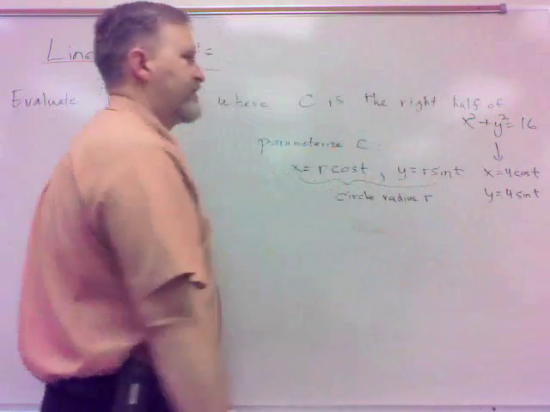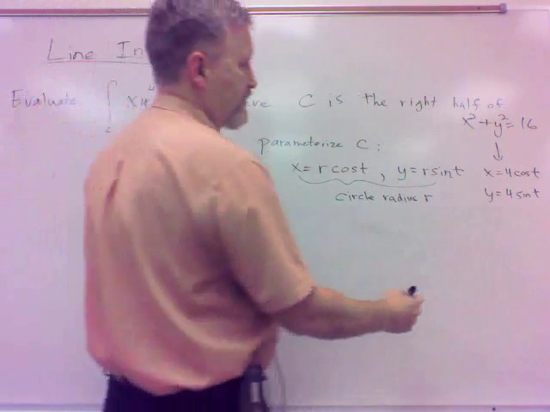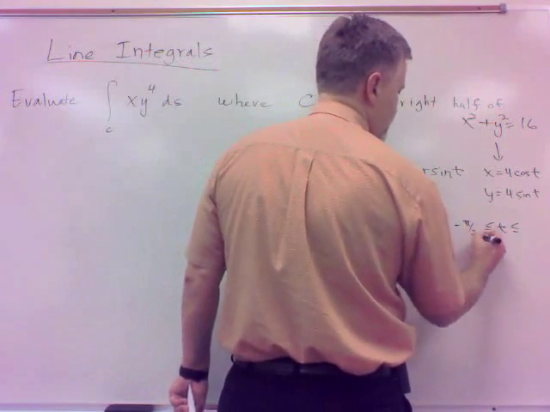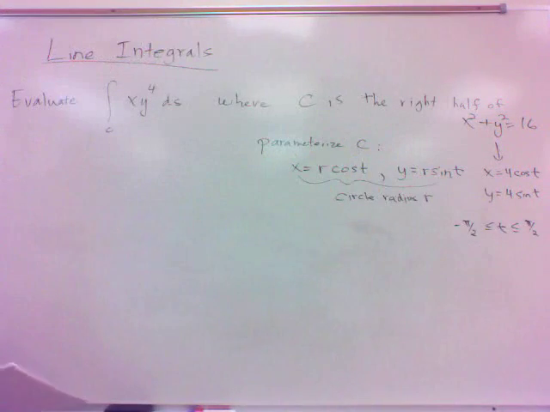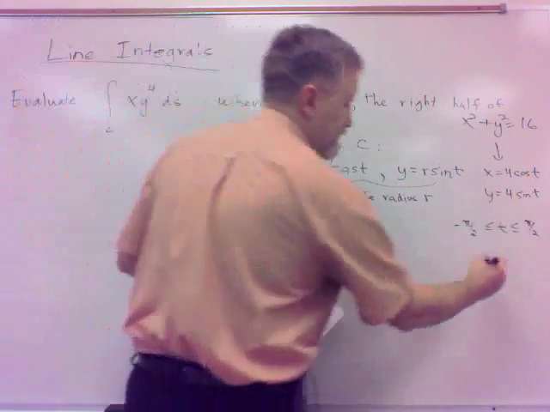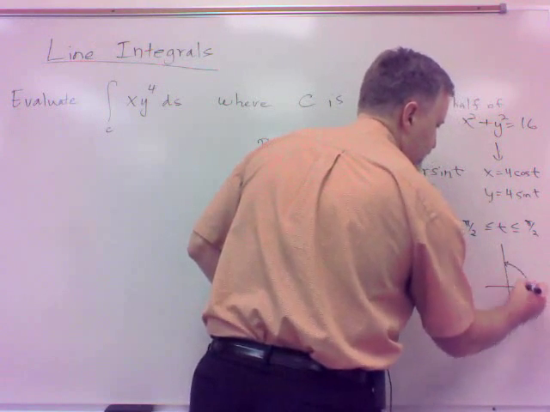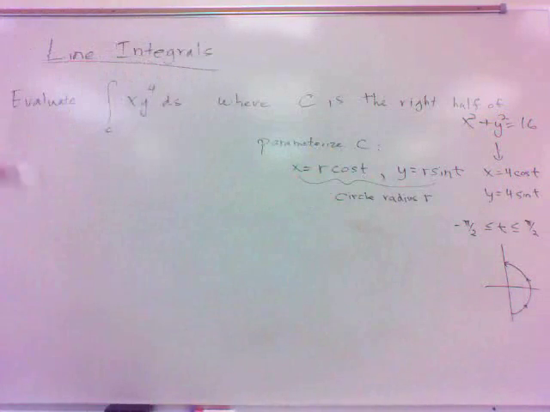Okay. Now, we just want the right half, though, and so t here would range from what to what? Negative pi over 2 to pi over 2 would be one way we could do that. So yeah, that would give us the right half. And notice with parameters, you do have a direction there too.